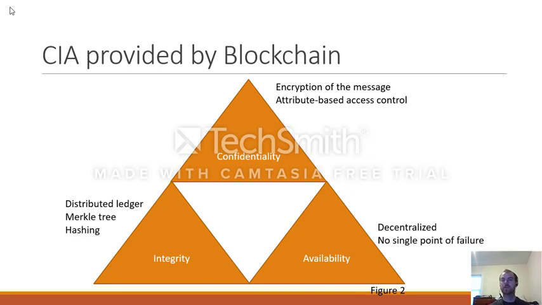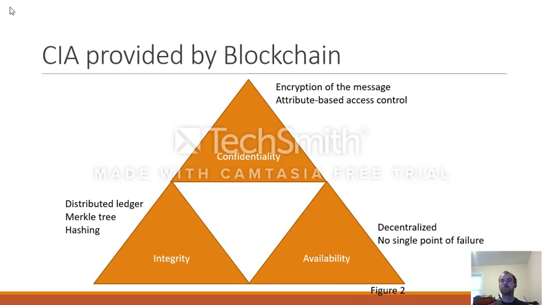Although it's common for Bitcoin and some of the cryptocurrencies to not use actual encryption of the message itself, it's becoming more and more common for other implementations of blockchain too.